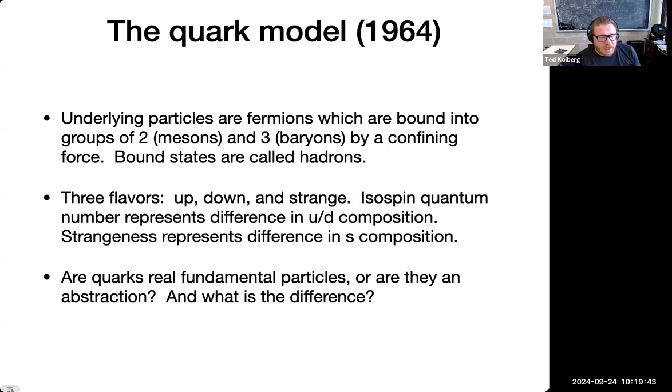And this isospin can now be understood as a quantum number which represents the difference in the number of up and down quarks making up a hadron. And then this new quantum number strangeness, which has been proposed, represents a difference in the number of strange quarks inside of the hadron.